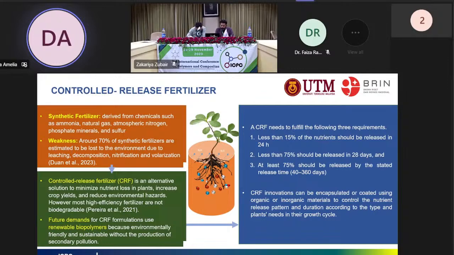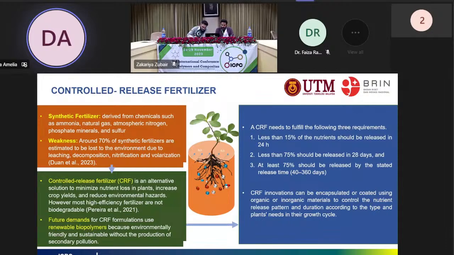Nutrients in CRF can be released efficiently and gradually adjusted to specific nutrient requirements during plant growth. And to produce the same amount of production, CRF can reduce fertilizer utilization by 20 to 30%.